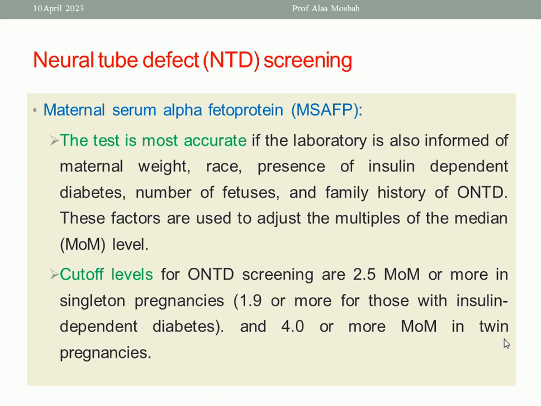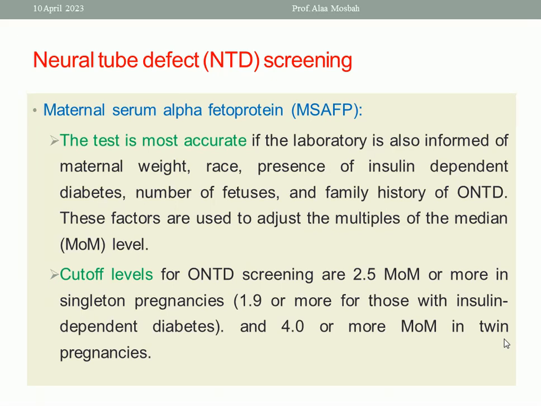These factors are used to adjust the multiple of the median level because there is variability according to these factors. So the measure here in serum alpha fetoprotein is called MoM, multiple of median level, okay?